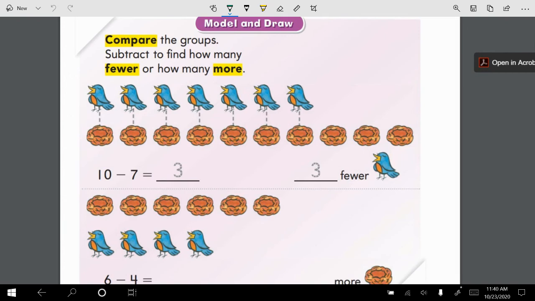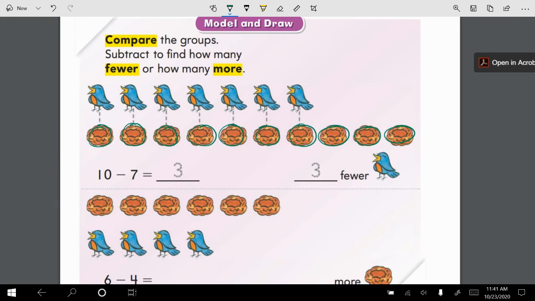Remember, when we are comparing, we are subtracting. Subtract to find how many fewer or how many more. Okay, here we have 1, 2, 3, 4, 5, 6, 7, 8, 9, 10.